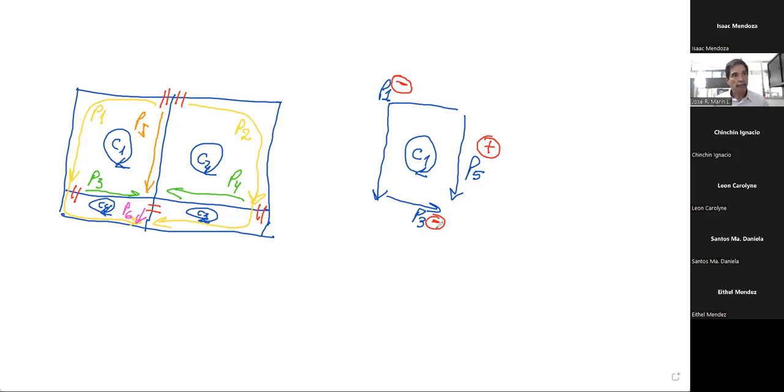Doctor, do the paths have to have the same thickness? Not necessarily. Remember that when we define each path, for example, let's suppose I'm going to define path 1.